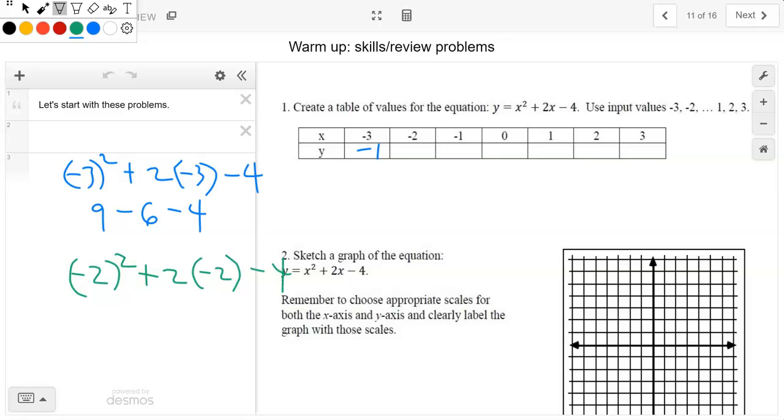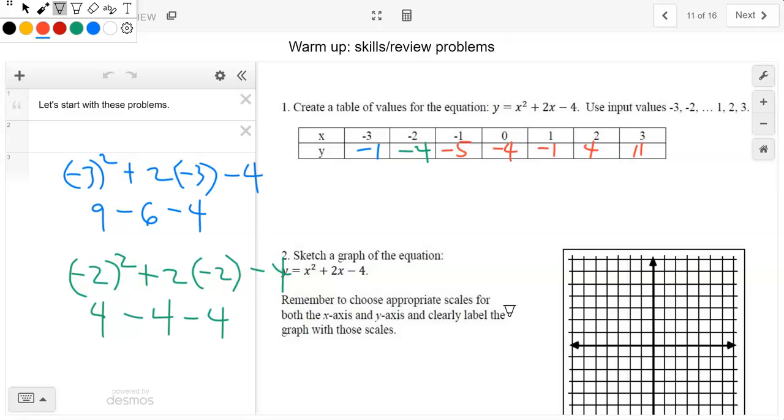Negative 2 squared is 4. 2 times negative 2 is negative 4, minus 4. 4 minus 4 is 0. Minus 4 is negative 4. And to complete the table, for negative 1 it is negative 5. For 0 it is negative 4, for 1 negative 1, for 2 it is 4, and for 3 it is 11.